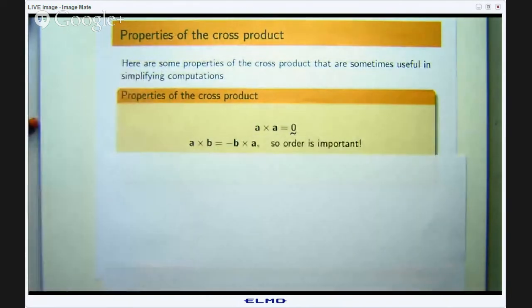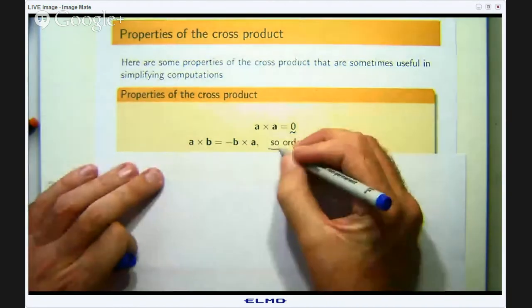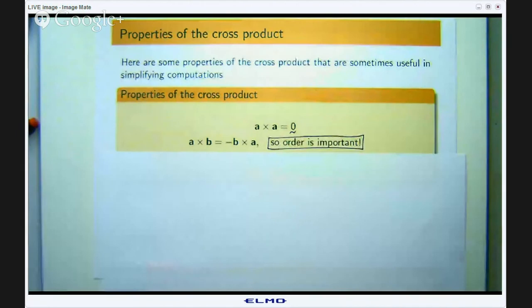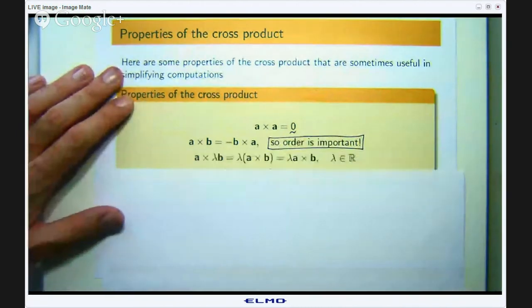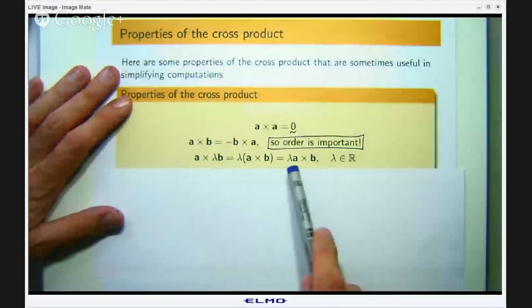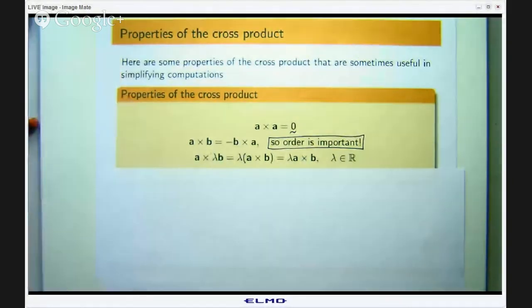Secondly, order is important with the cross product. The cross product doesn't commute in the sense that A times B doesn't necessarily equal B times A. In fact, they're the negatives of each other. If I have a scalar or a number, lambda, I can move that around and it doesn't affect the answer in the cross product.